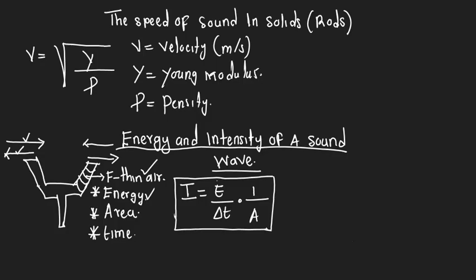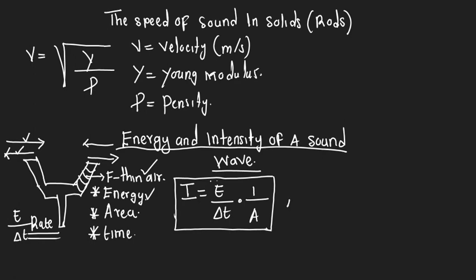Now, we know that this particular part, where you have the energy over the change in time, is just the rate at which energy is flowing. The rate at which energy is flowing is called power.